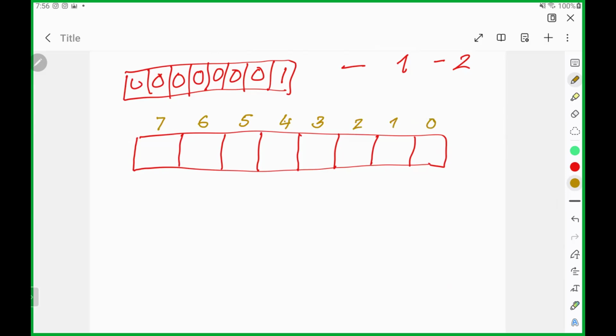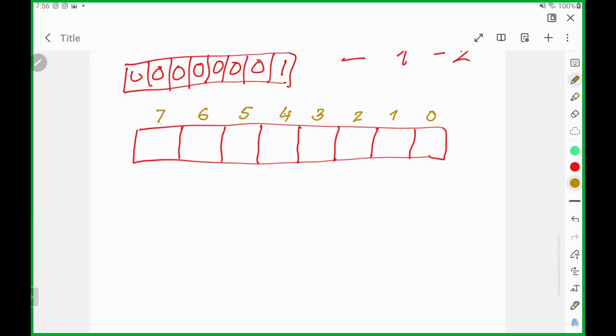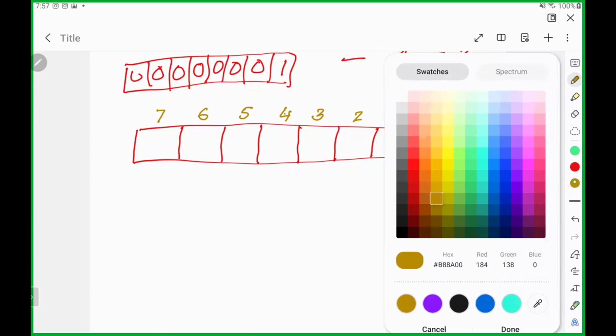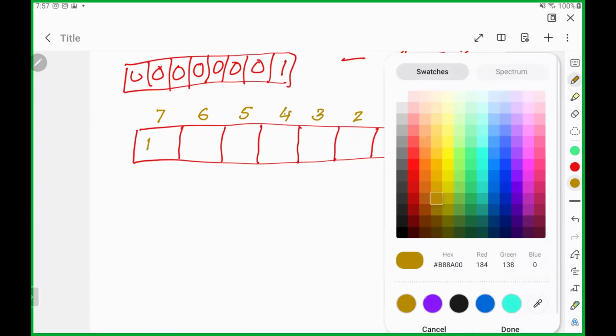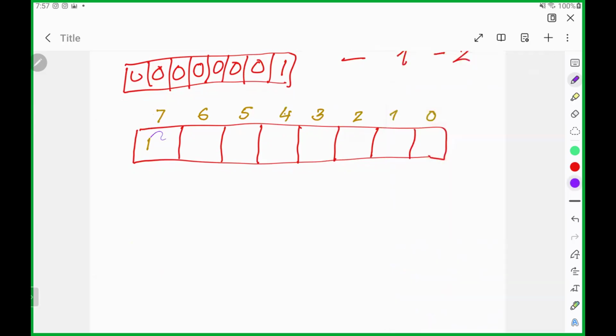So this indicates that if I have 1 in the 7th position, then that is the number it represents. I will write down the number here. So the number it represents will be 128.